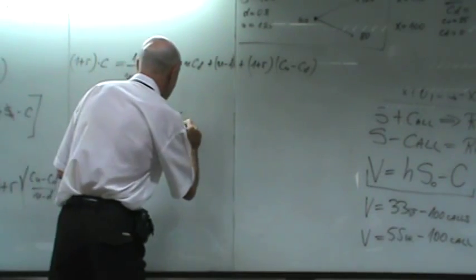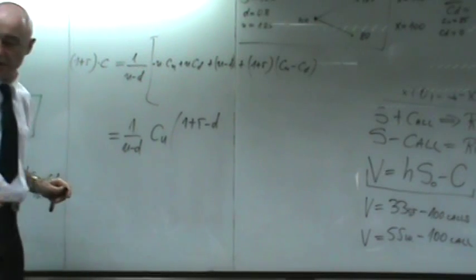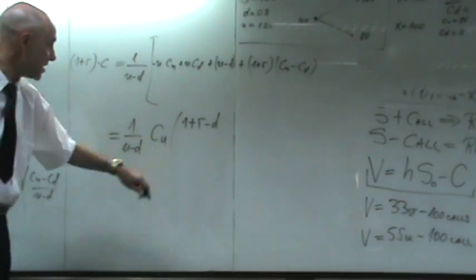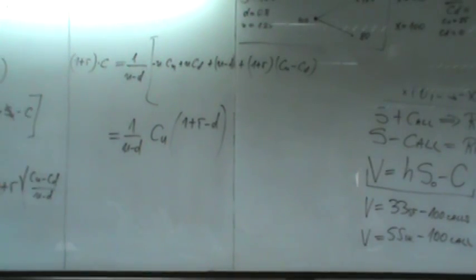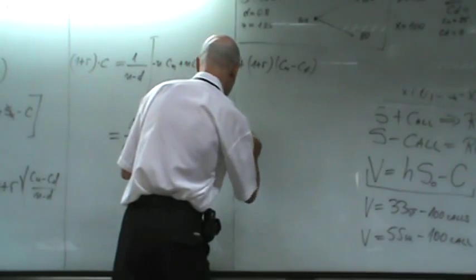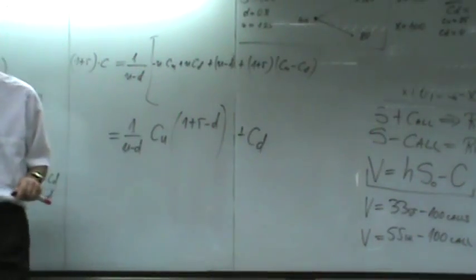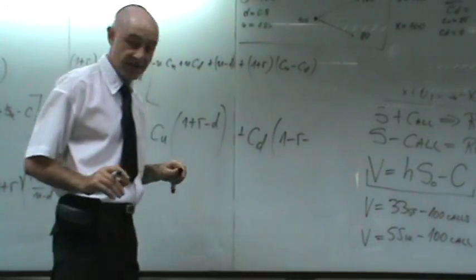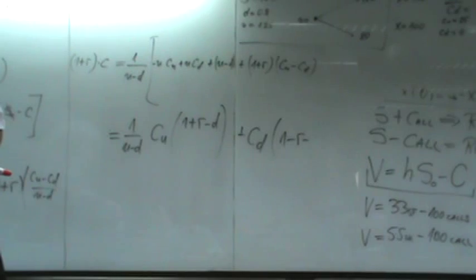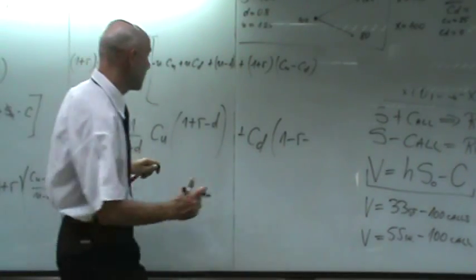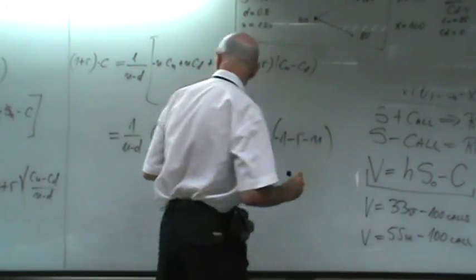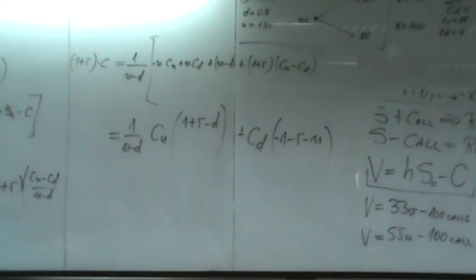CU becomes 1 plus r minus D, divided by U minus D, and then you have CD, and the CD becomes 1 minus r minus 1 minus r plus U. And yeah, it gets very, very complicated.